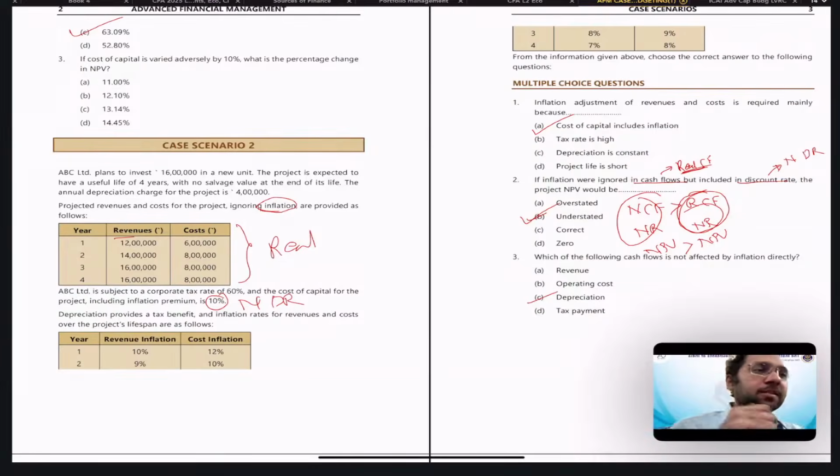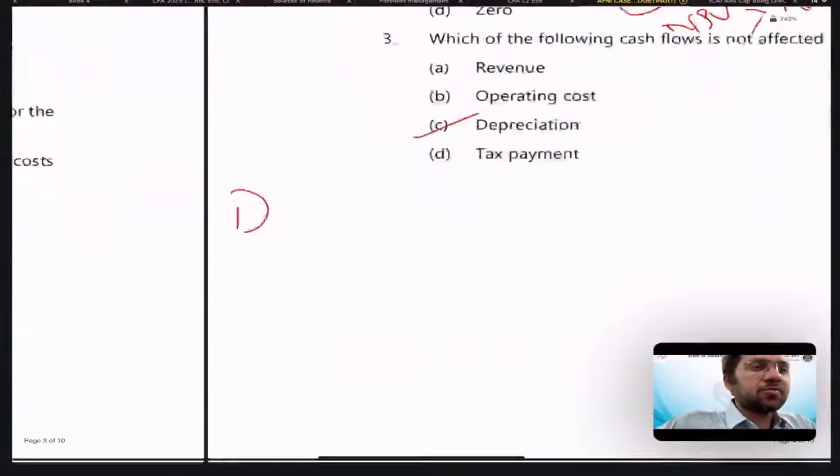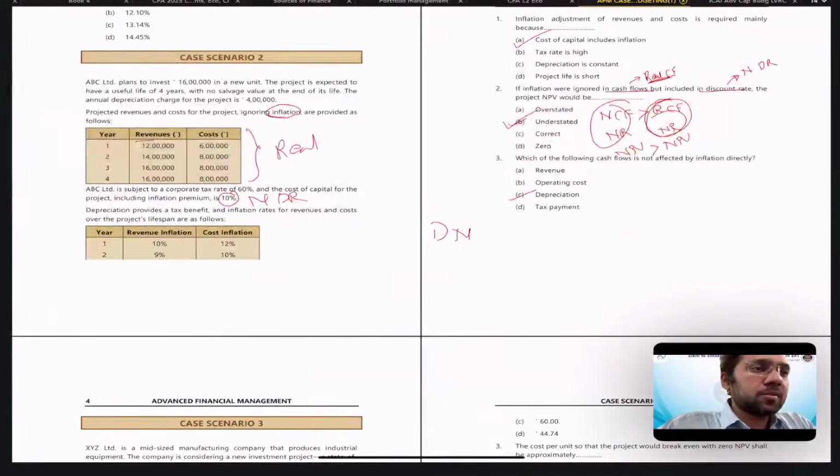The first step, I'll just write down the steps over here. First step is to calculate the nominal cash flows.